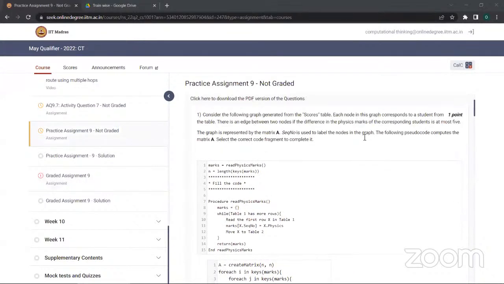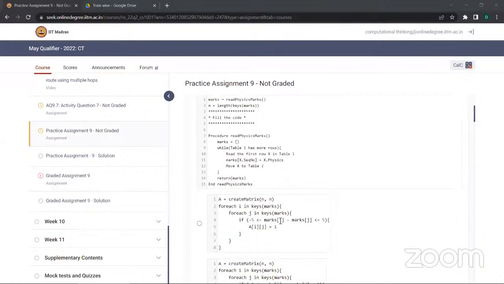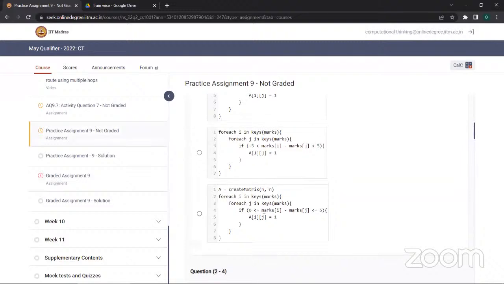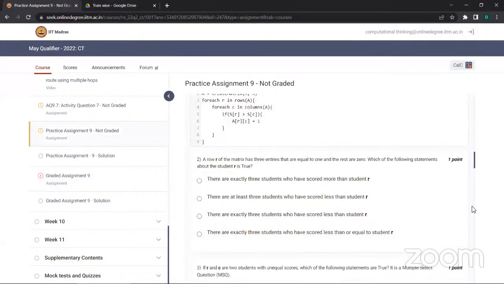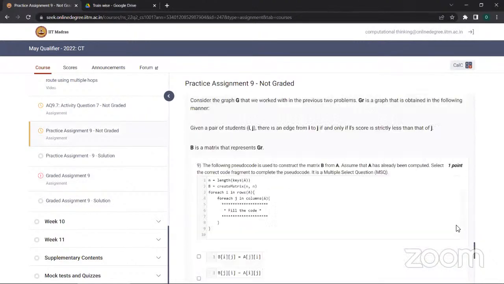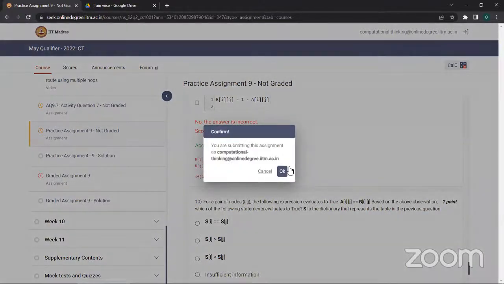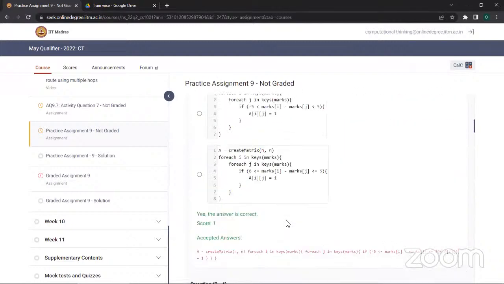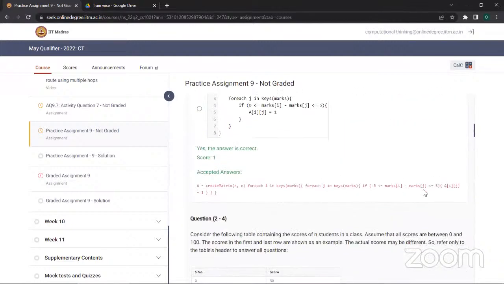Sir, here I think we are having an edge from I to J where I is equal to J, but we should not consider that.